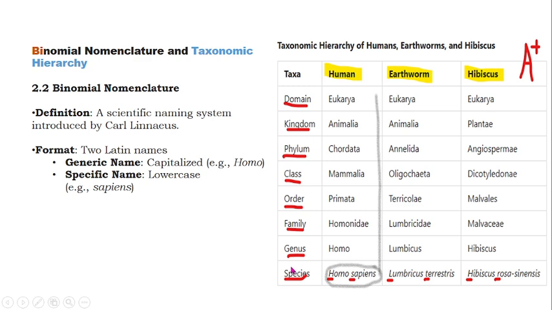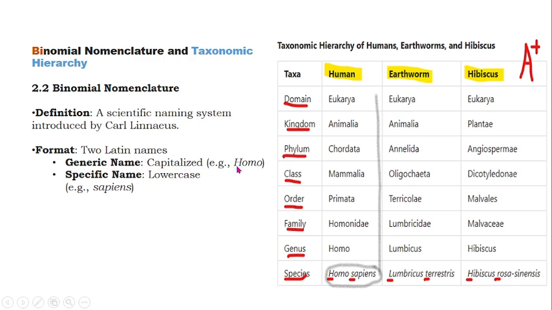How are they arranged? The organism's name should start with the genus name followed by the species name. Usually, the genus name should be capitalized.